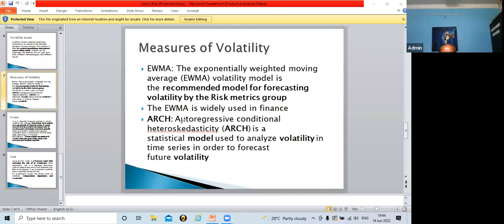A for auto, R for regressive, C stands for conditional, and H for heteroscedasticity. So it is autoregressive conditional heteroscedasticity. It is a statistical model used to analyze volatility in time series in order to forecast future volatility.